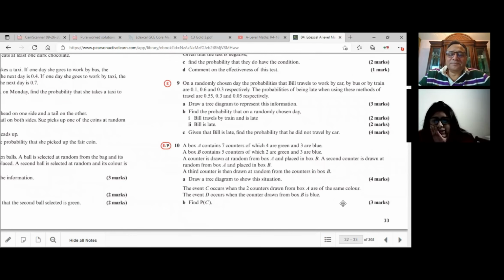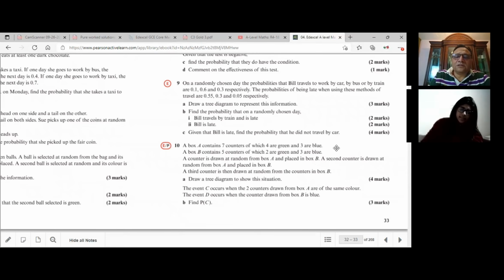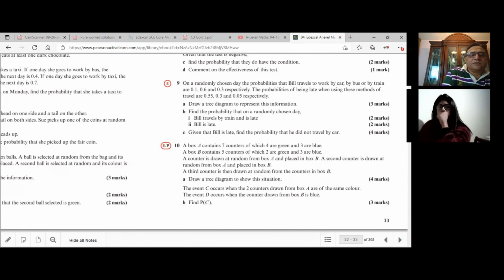Okay. Question 10. A box A contains 7 counters, of which 4 are green and 3 are blue. Box B contains 5 counters, of which 2 are green and 3 are blue. So we have A and B, 2 boxes.